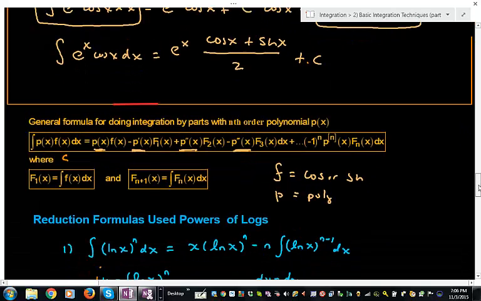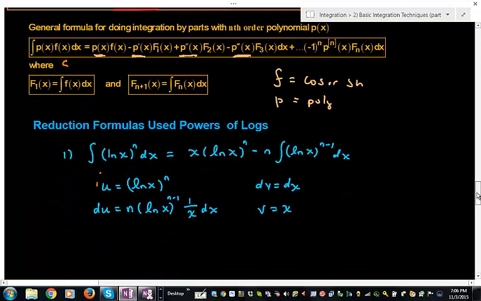Okay, the last formula I want to do is looking at this thing called the reduction formula for powers of logarithms. So here we want to integrate the natural log of x raised to the nth power. And the trick is to realize that we do integration by parts, where we let dv be equal to dx and u be equal to the natural log of x to the n power.